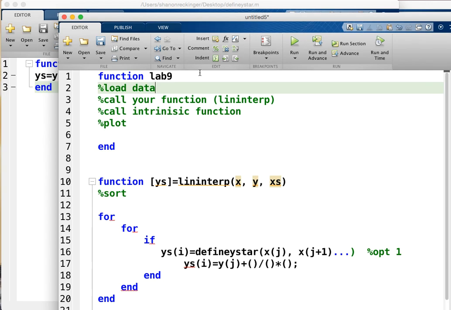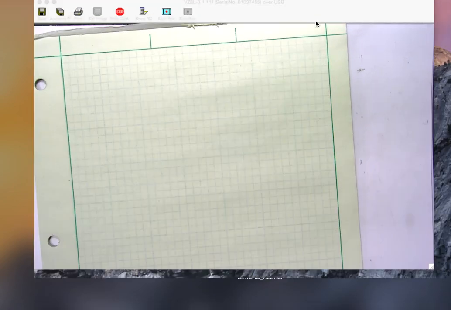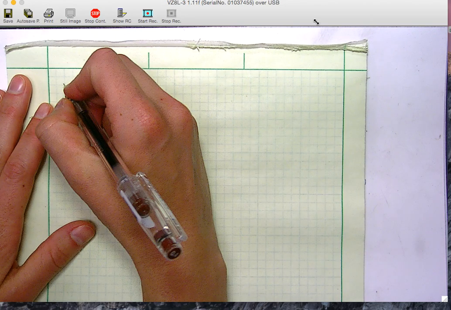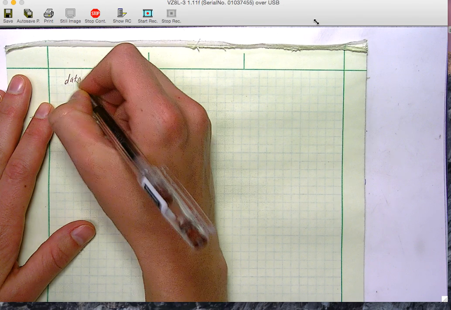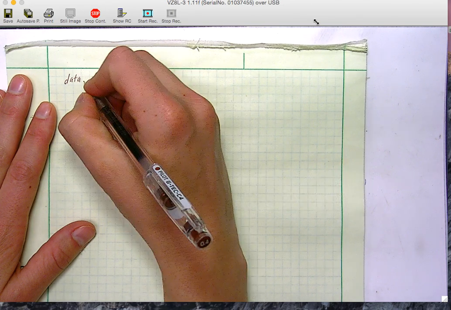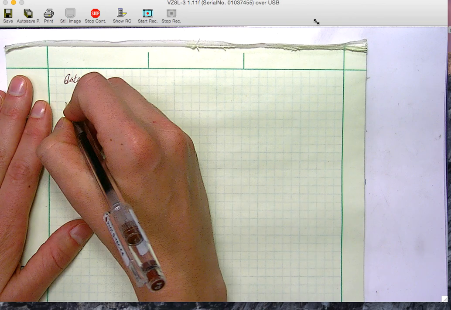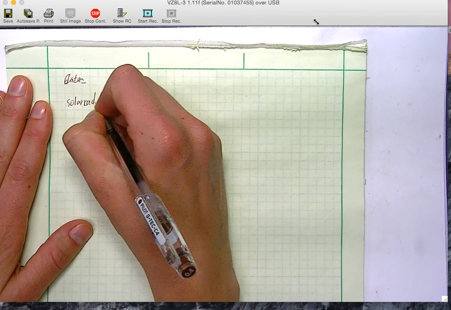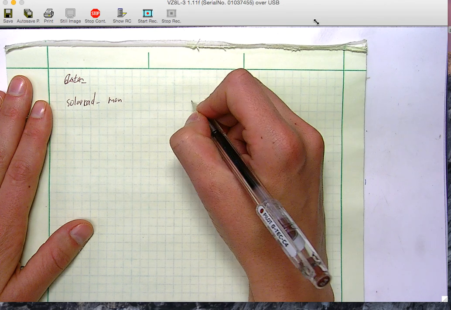Okay, so what I like to always show, I usually do this in lab, but I'll do it now, is how this data works, because it's very confusing when you actually have to apply this. So I'll write it out: it's solar radiation, and it's coming in 2 different spreadsheets.